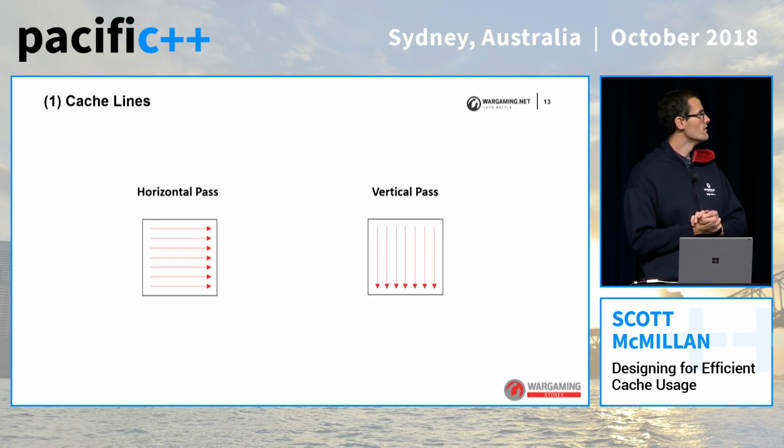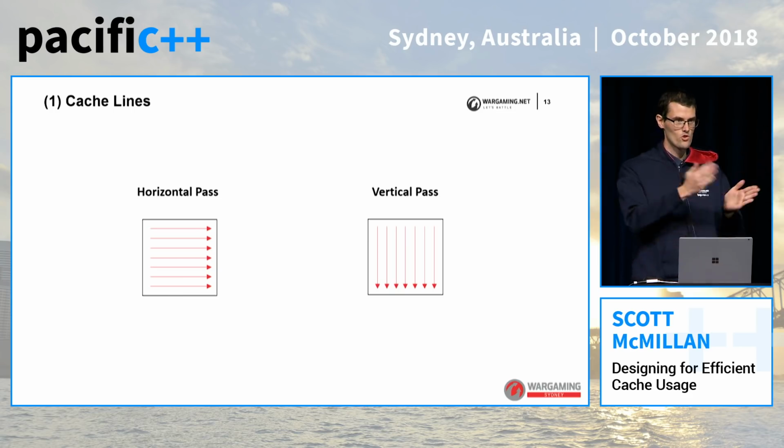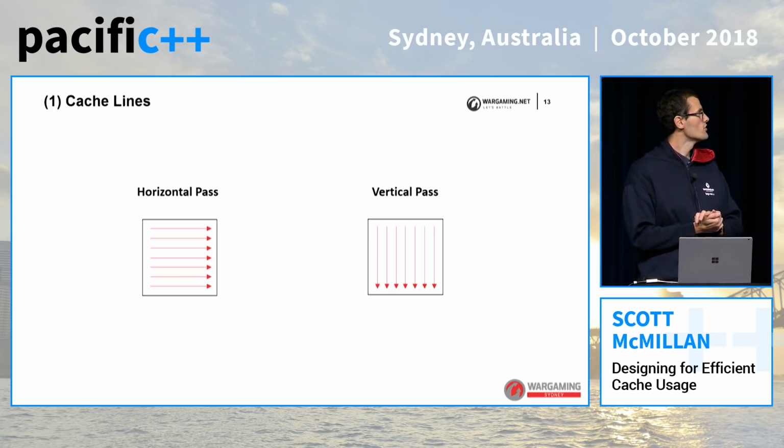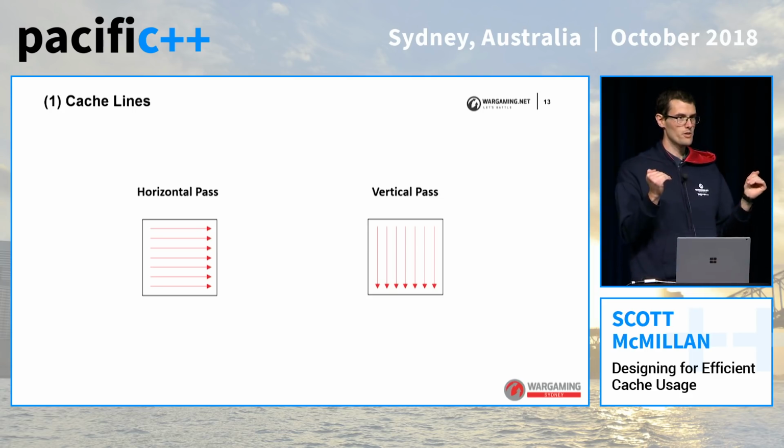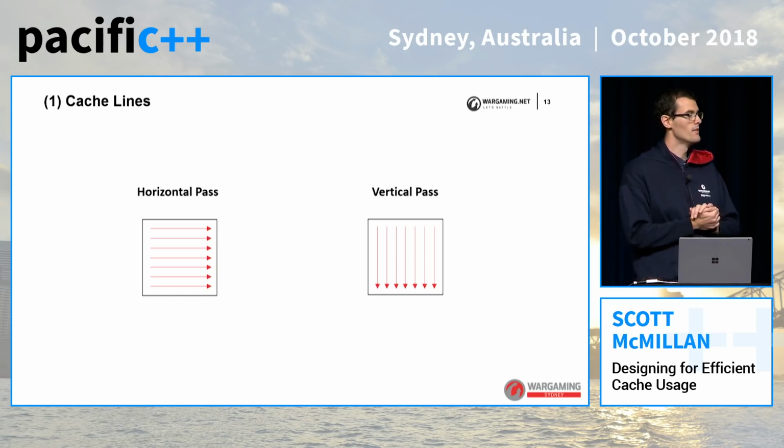But what this implies is that for the horizontal pass, we've got a stride of 1 through the data. As we're going across the line, we fetch a 64-byte cache line, and it's got 64 pixels worth of data on it. We use all of those, and then we don't use that cache line again. For the vertical pass, as we're going down a column, each pixel that we come to is on a different cache line.